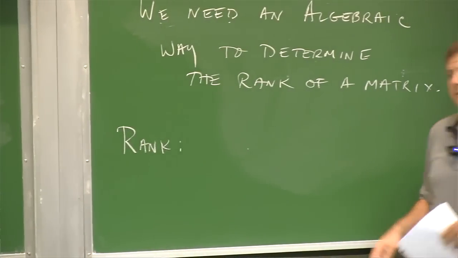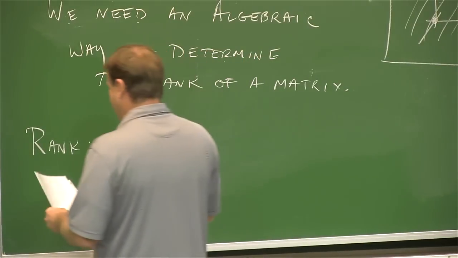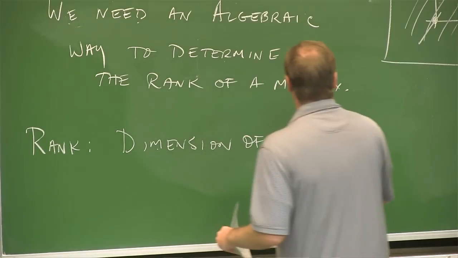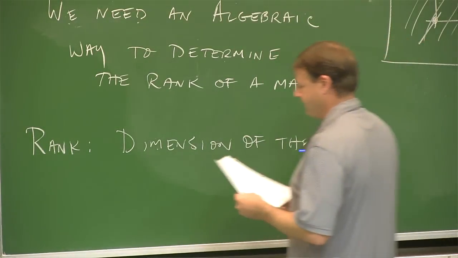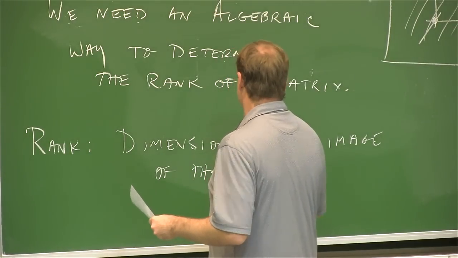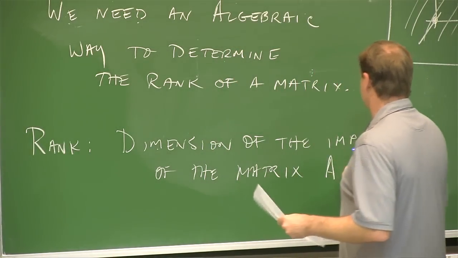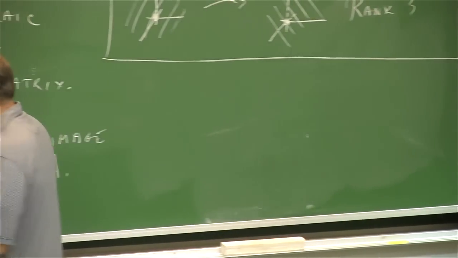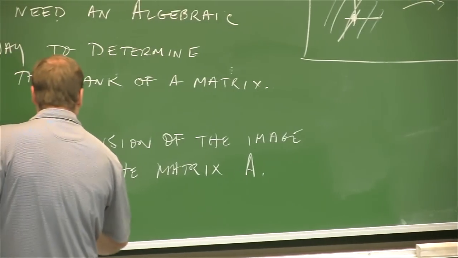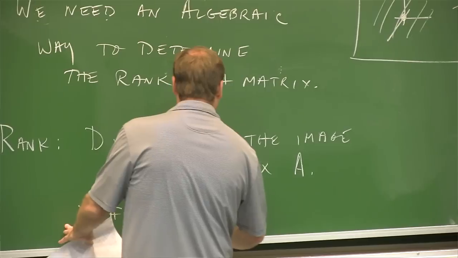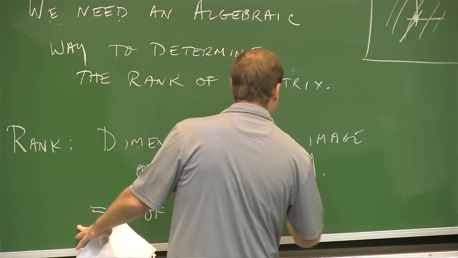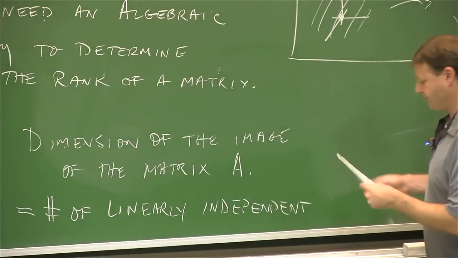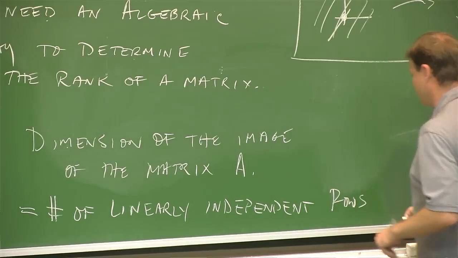So what the rank is, just sort of intuitively, is the dimension of the image of the matrix A. And that doesn't quite tell you how to do it yet, but once we know that, then the way we find that is it's the number of linearly independent rows.